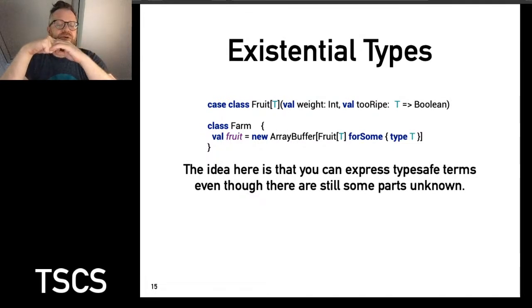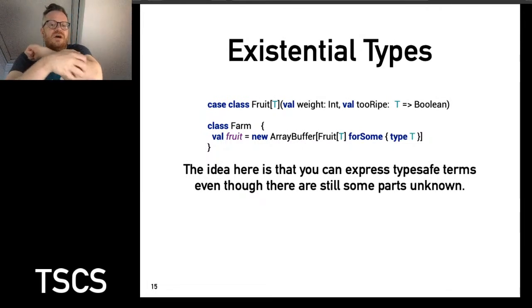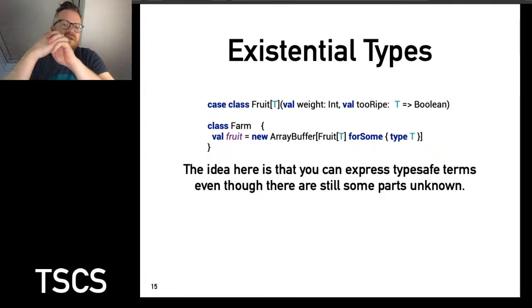In this case, we have a case class called Fruit, which has a type parameter T, and this type parameter is used in a value, which is basically a function, going from T to Boolean to check if the fruit is ripe. As you can see, it's a case class, so you can pattern match on it.